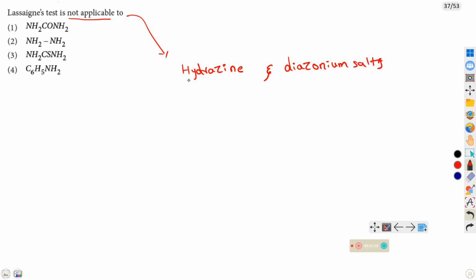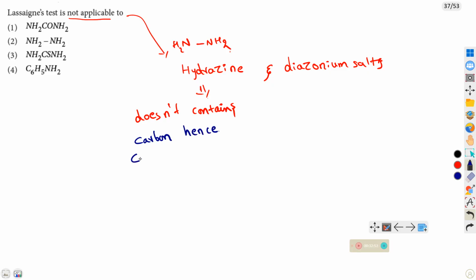Because in hydrazine, the formula NH2-NH2 does not contain carbon, hence cyanide cannot form.